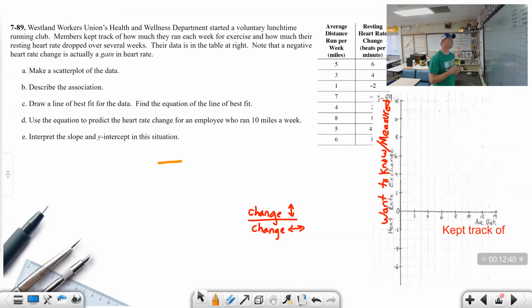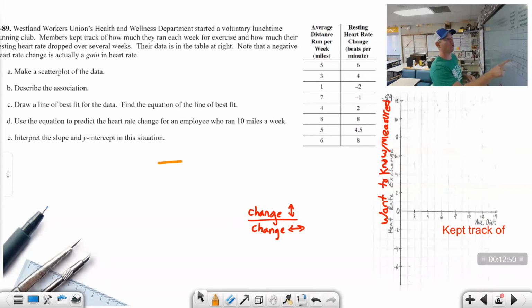Note that a negative heart rate change is actually a gain in heart rate. So there are people that started running, and the more you run, your heart rate gets used to that. And so people who averaged long distances, and this is how much their heart rate changed. Okay, so you're looking at a change in heart rate.